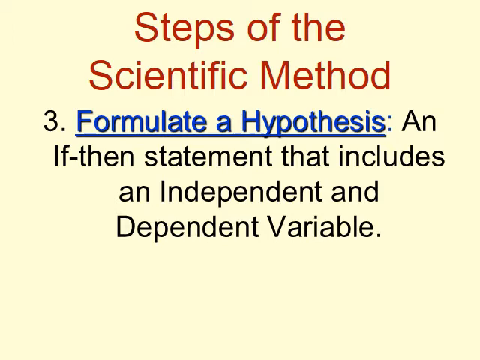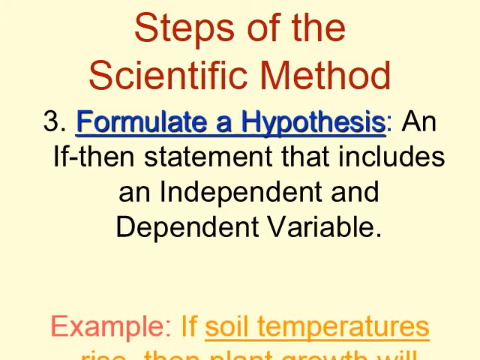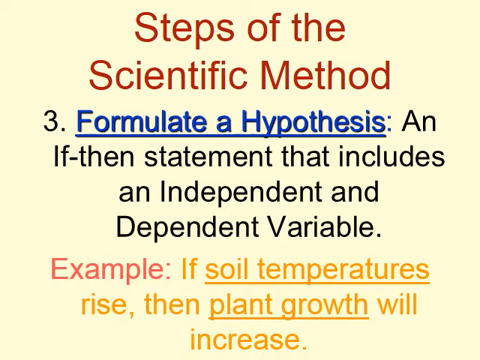Yes, all those I's, because the if portion of your hypothesis really can be thought of as the independent variable. And the then statement, or the second part of your hypothesis, is a statement of the dependent variable. So, if soil temperature rises, then plant growth will increase.